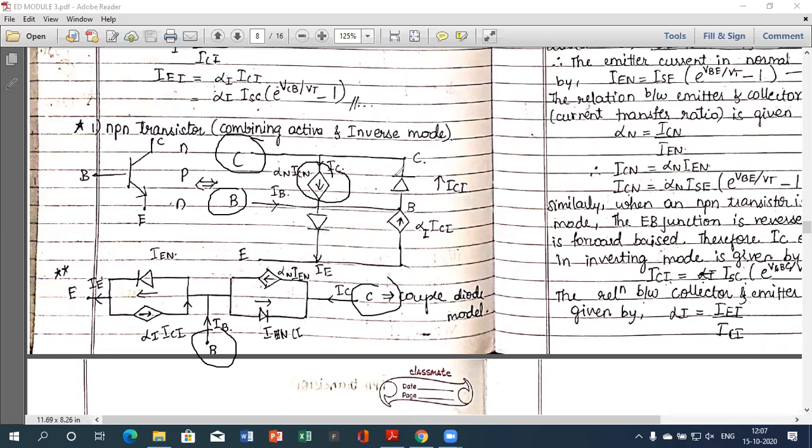This diode is connected in the opposite direction from the base. This is base, this is collector, and it is connected in the opposite direction for the collector. We have just tilted this diagram so that we can perform some actions to represent the collector, base and emitter currents. So I hope it is clear for everyone. This is the equivalent circuit diagram for an NPN transistor in terms of diodes and current sources.